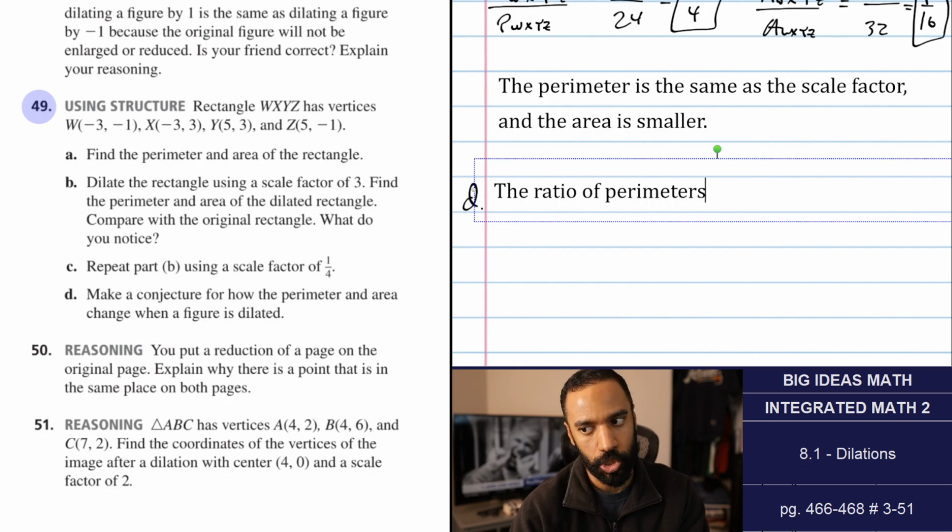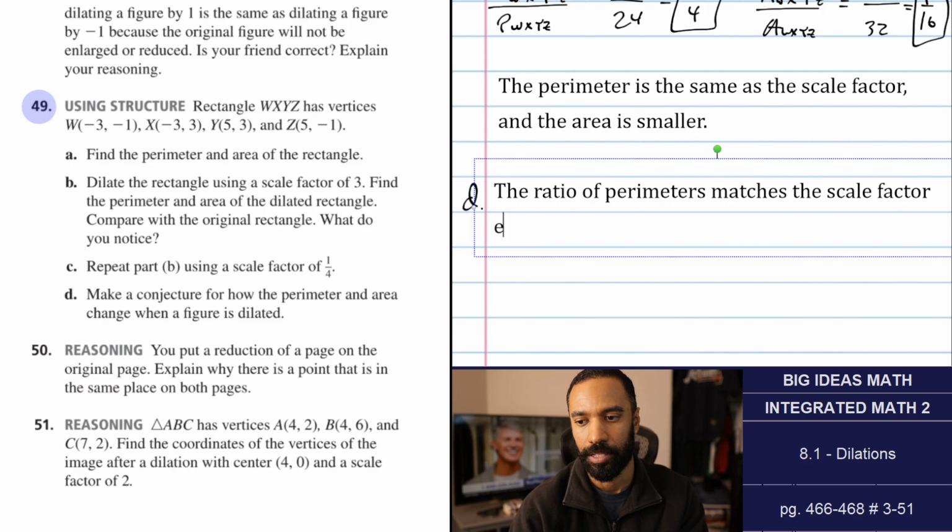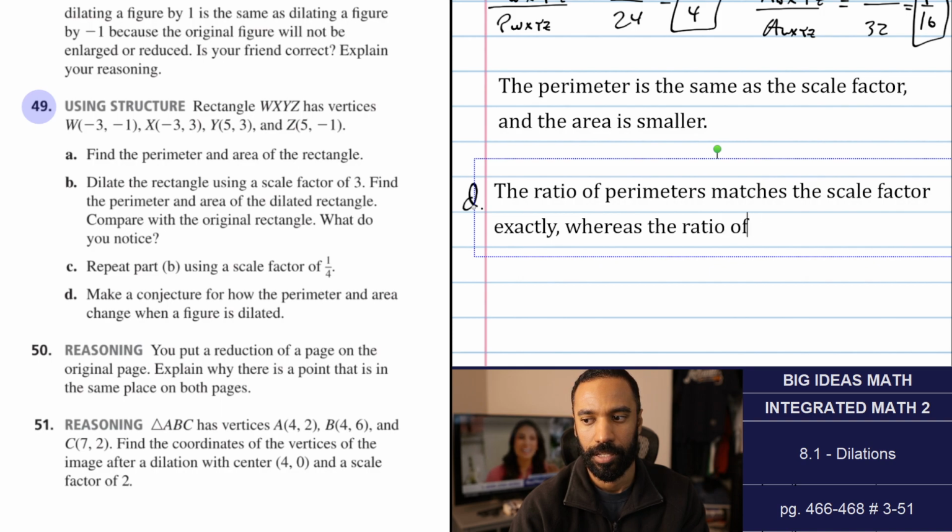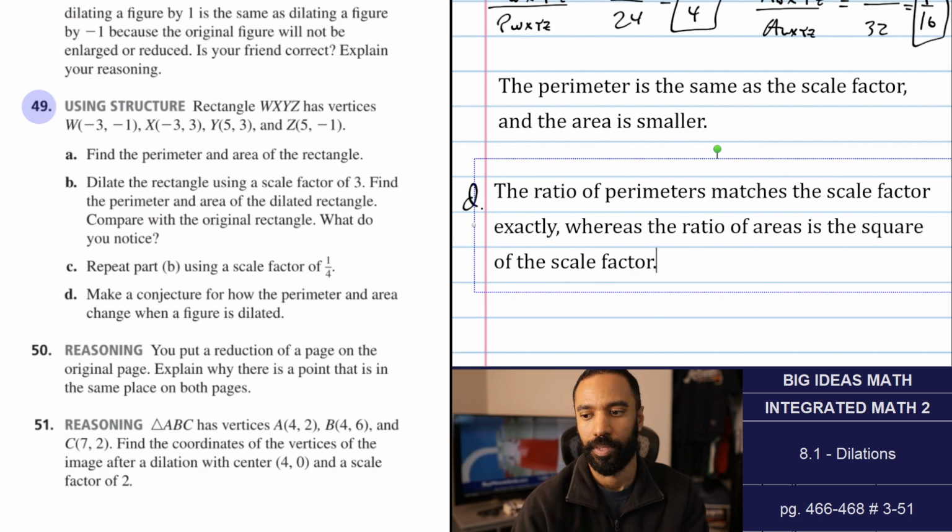My conjecture, and it's true, is that the ratio of perimeters matches the scale factor exactly, whereas the ratio of areas is the square of the scale factor.